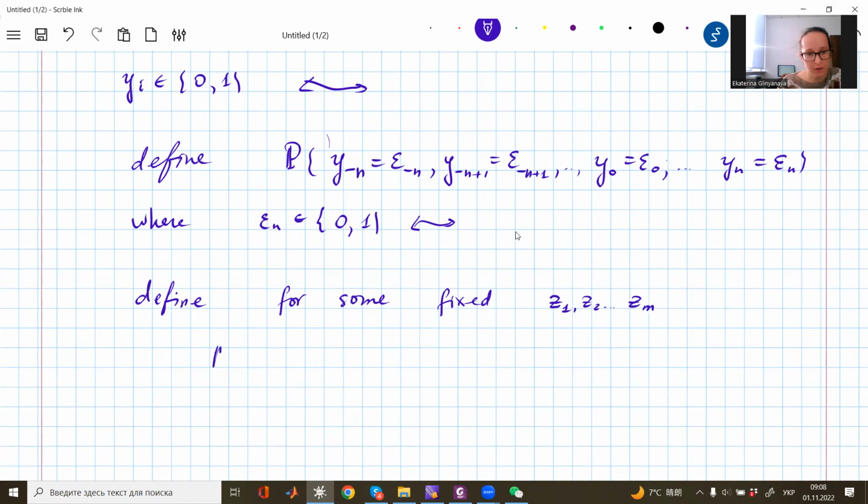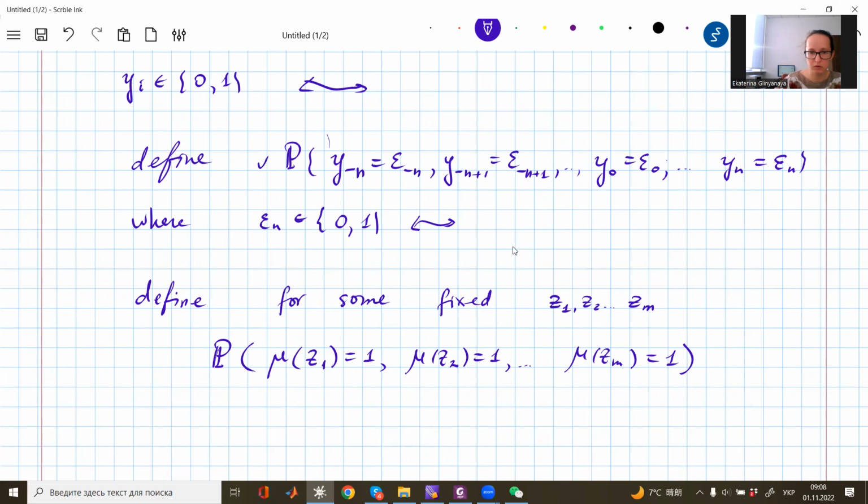If I define the probabilities that mu from z1 is equal to 1, mu from z2 is equal to 1, and so on, mu from zm is equal to 1. Why is it so? Because if you know such probabilities, you can find all probabilities of this type.